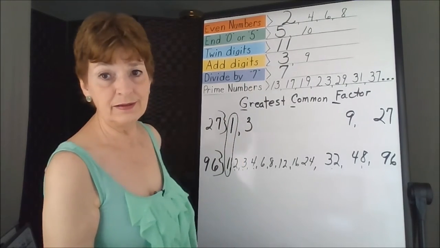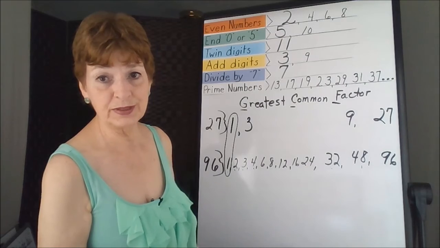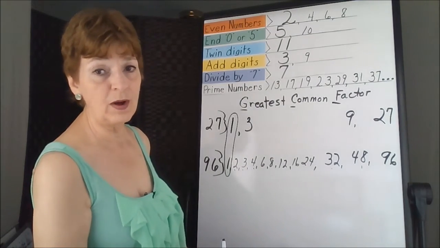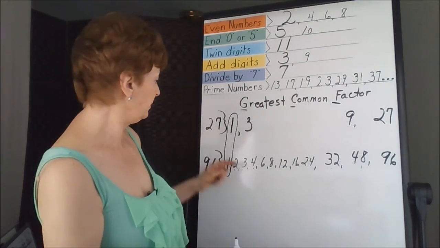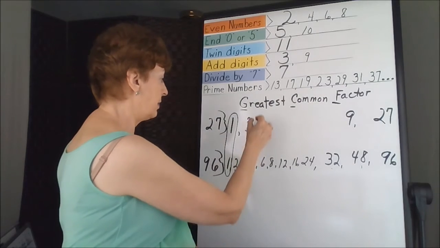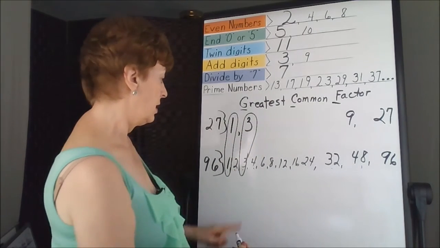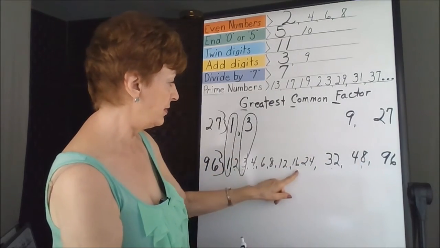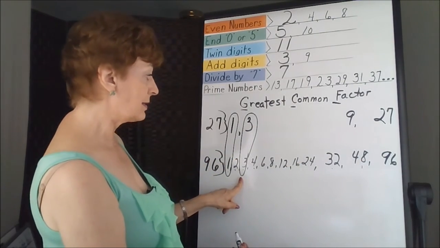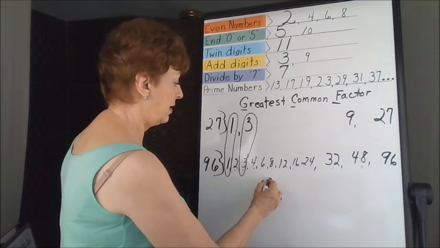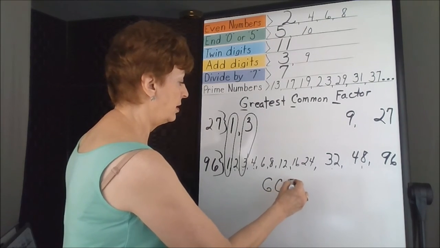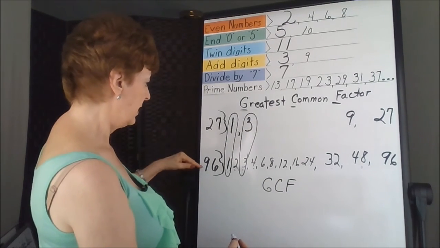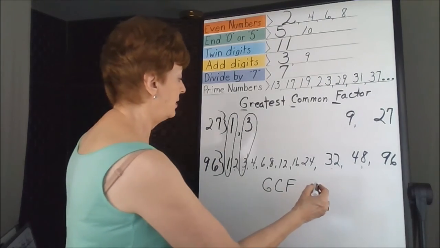That will in any of the ones that you put down, any number you try. 1 is a factor of everything. 3 is a common shared factor. Do we have 9 in here? No. And 27? No. So our greatest common factor of 27 and 96 is 3.